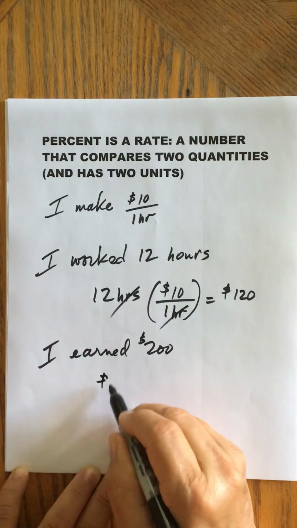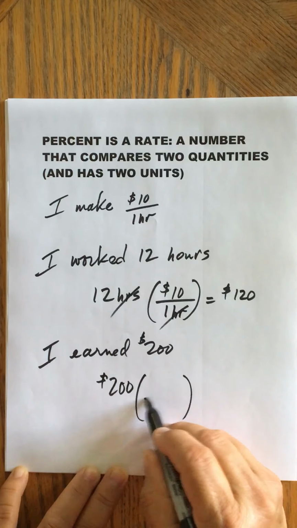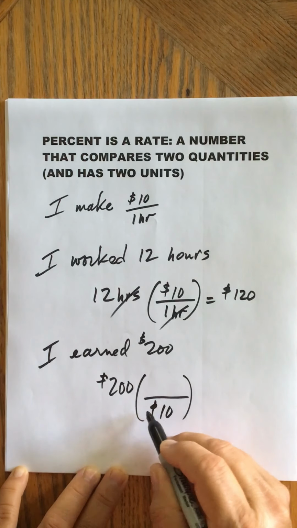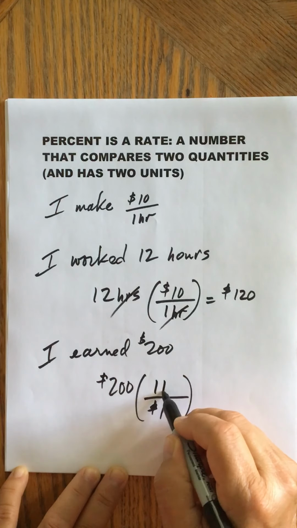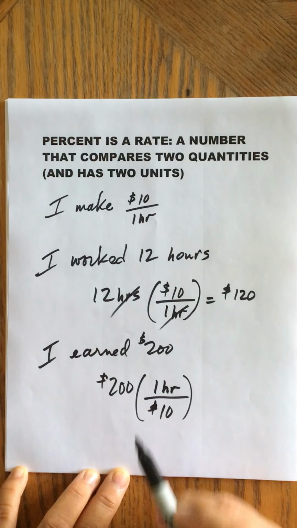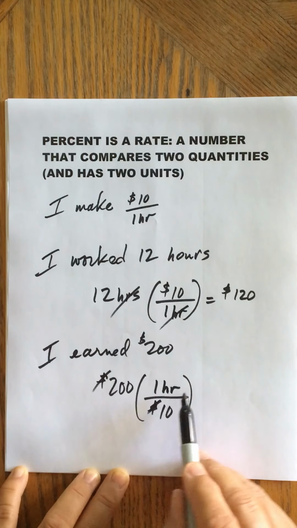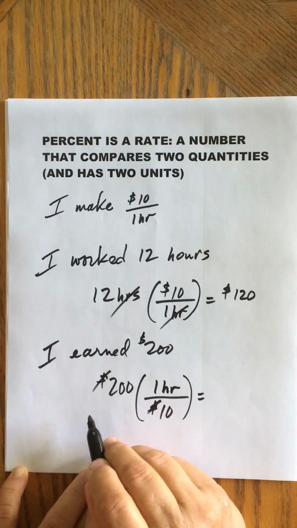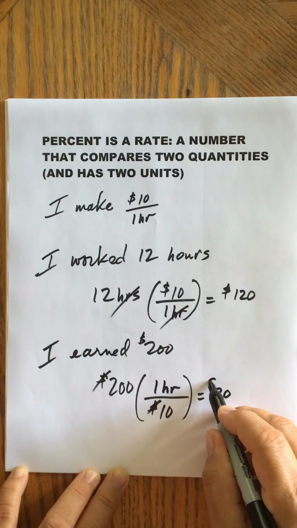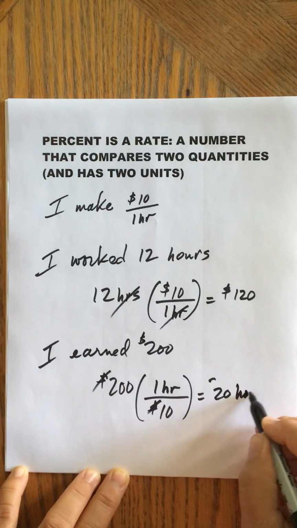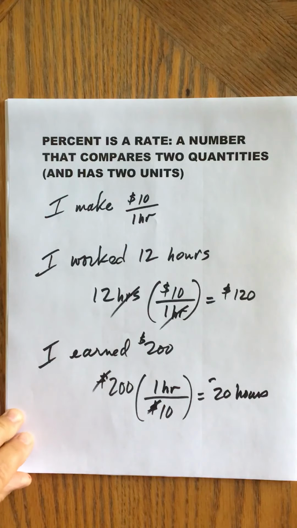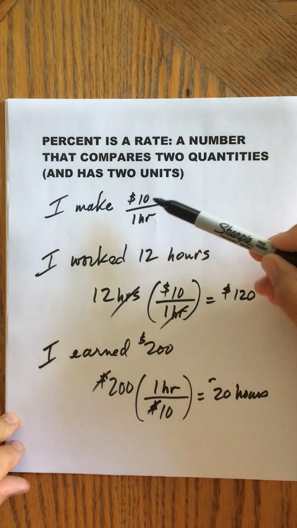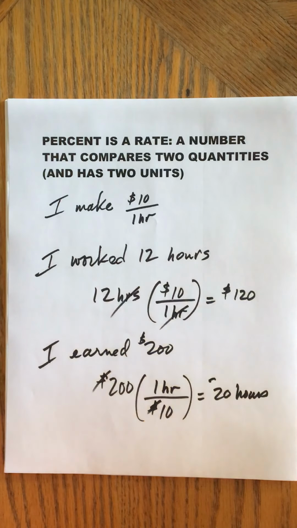So in that case, I would start here with $200, and I would say $10, and I'd put that in the denominator, is equivalent to 1 hour of work. And that way the units cancel out, and I have 200 divided by 10 is 20 hours.